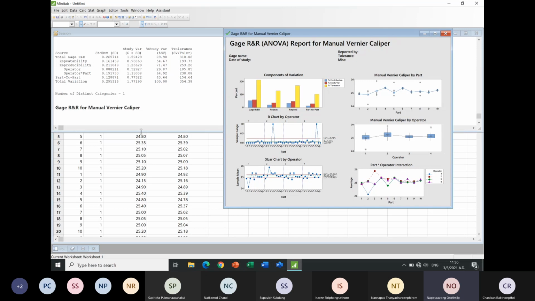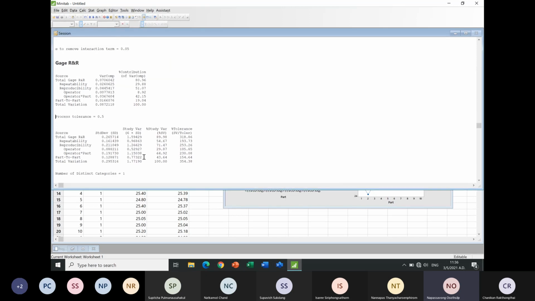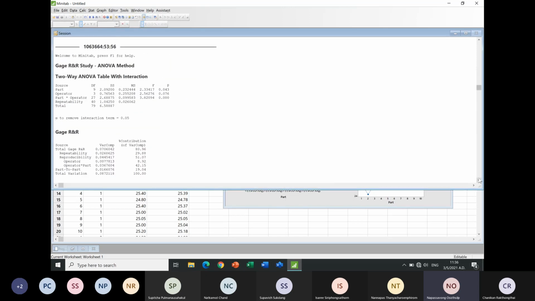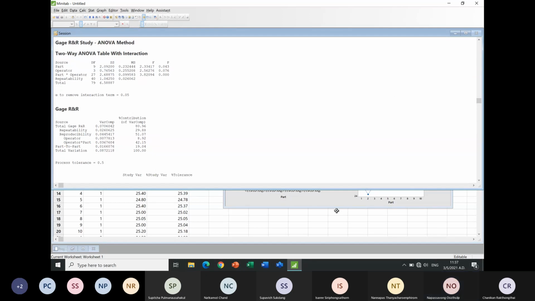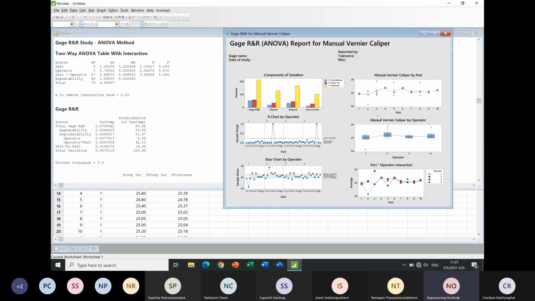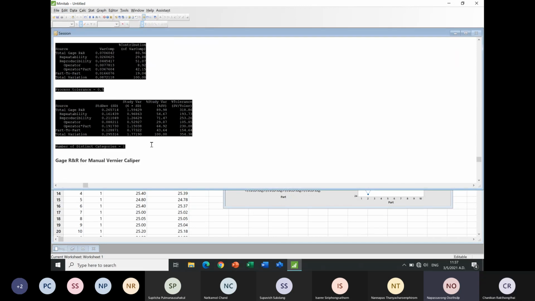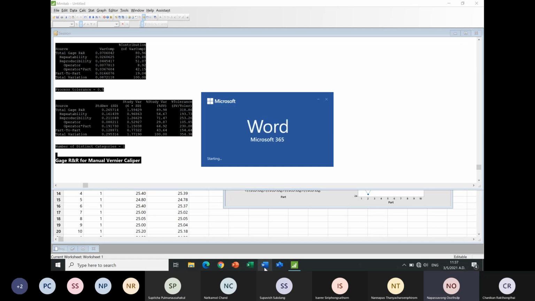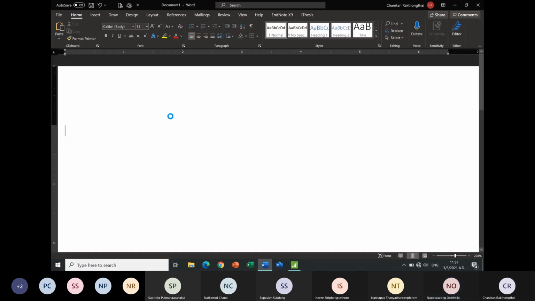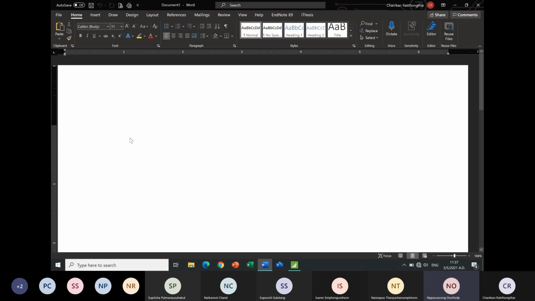Could you copy the output to Word so we can enlarge it? Now let's take a look at the picture first. The picture is in the Excel file. Maybe I'll share my screen.